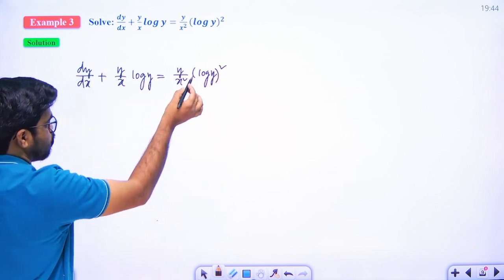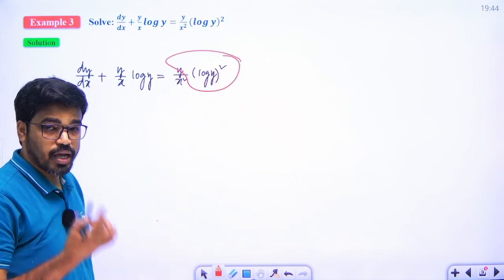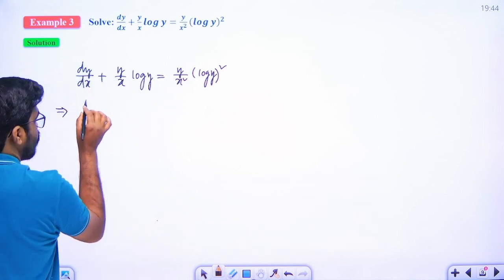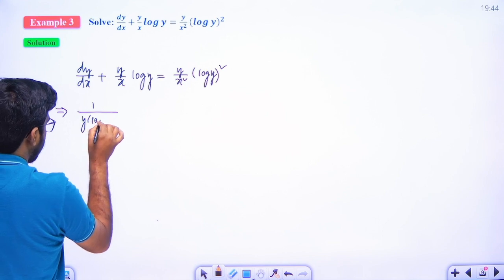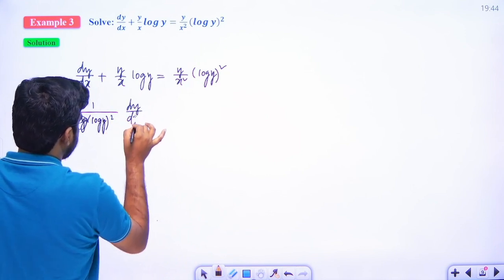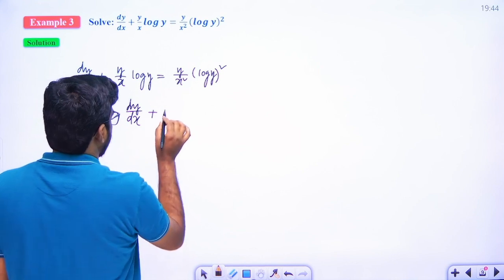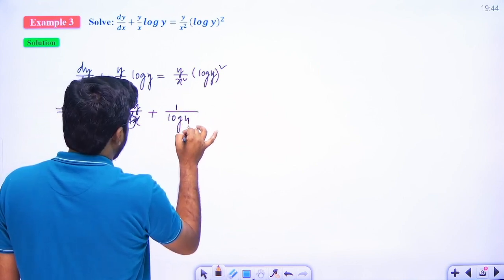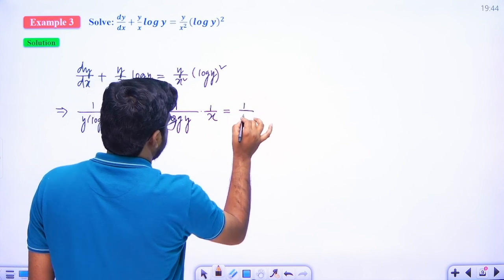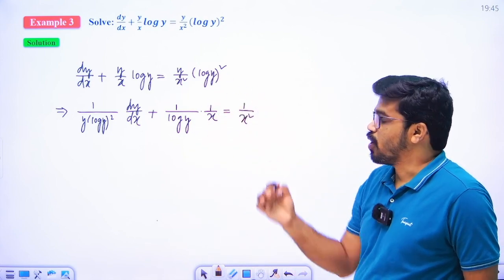So first divide both sides by y log y whole square, a function of y. So this implies 1 by y log y whole square dy/dx equals, y cancels, log y cancels, that means 1 by log y into 1 by x, equals 1 by x square, right? We divide both sides by y log y whole square.